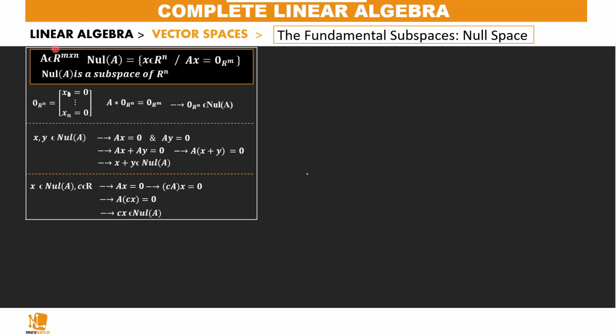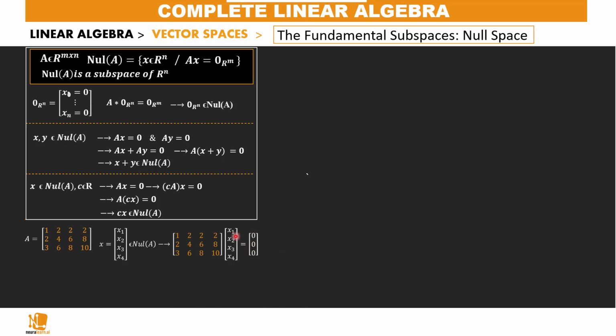When given a matrix A, which is m by n, let's see how to obtain this null space. We have this 3 by 4 matrix A. To obtain its null space, it suffices to find values of x such that the matrix times x equals the zero vector of Rm.